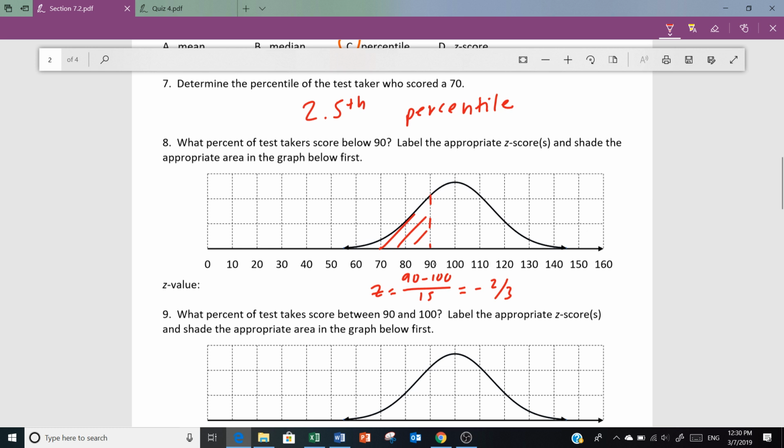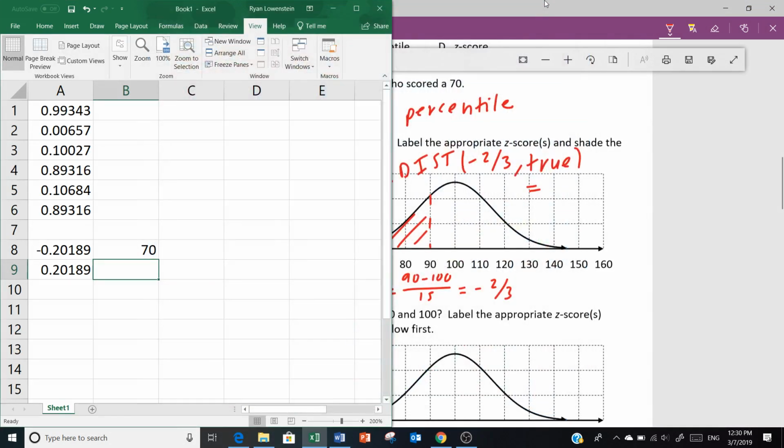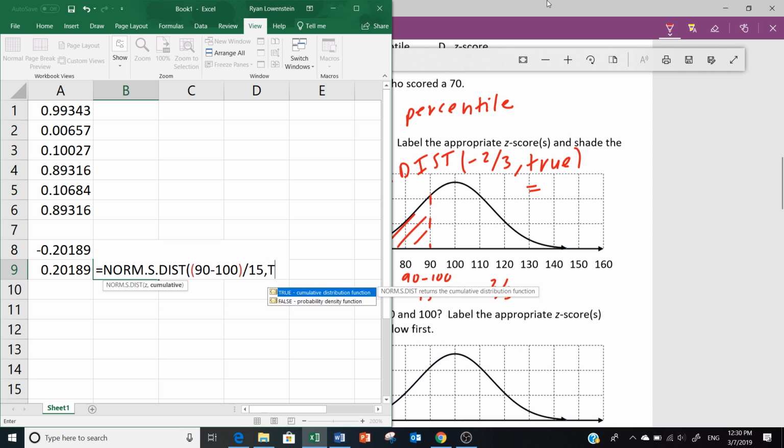Yes. So the answer is going to be norm.s.dist of negative 2/3, comma, true. So I'm going to go ahead and enter that into Excel. Now, some people like to do everything in one, and they like to do norm.s.dist of 90 minus 100 divided by 15, comma, true.